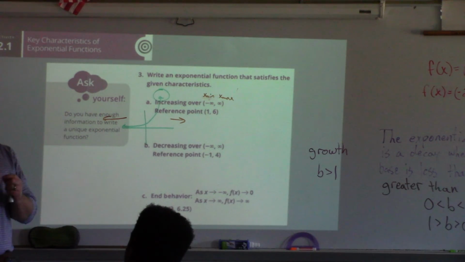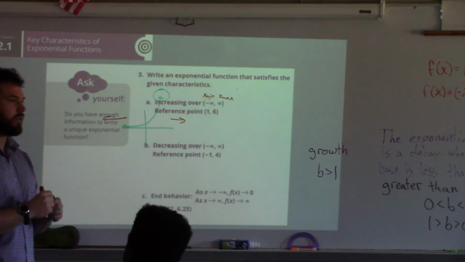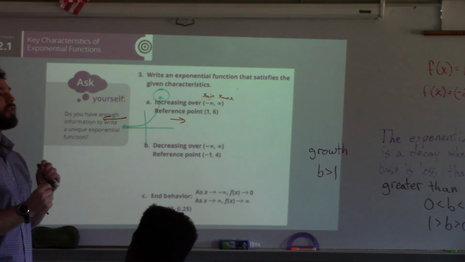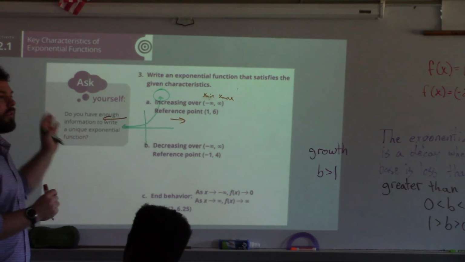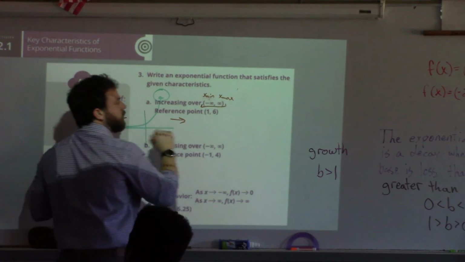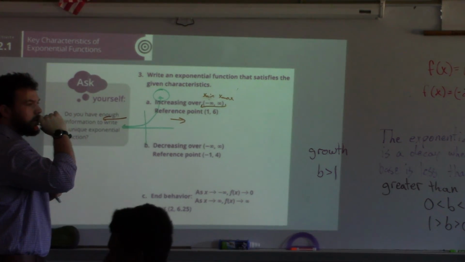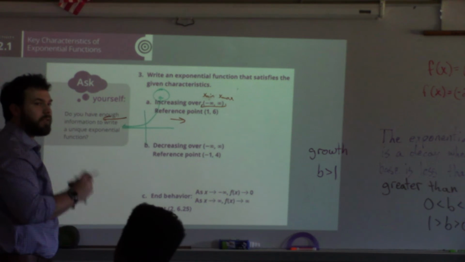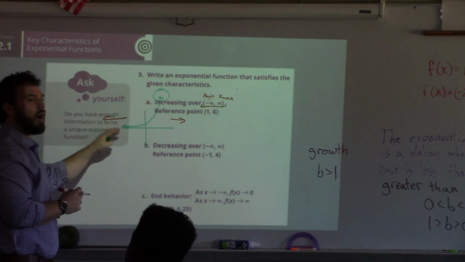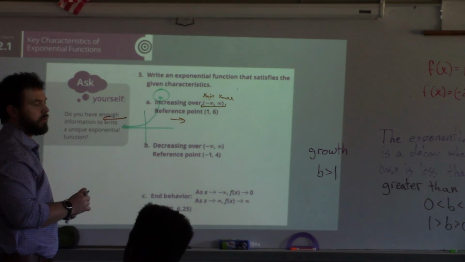But to say that it's increasing is saying that what is increasing? X always increases because you always read a graph from left to right. We're giving the interval over which it's increasing. So, what am I saying is increasing? The y. So what is the y value starting at? A negative.